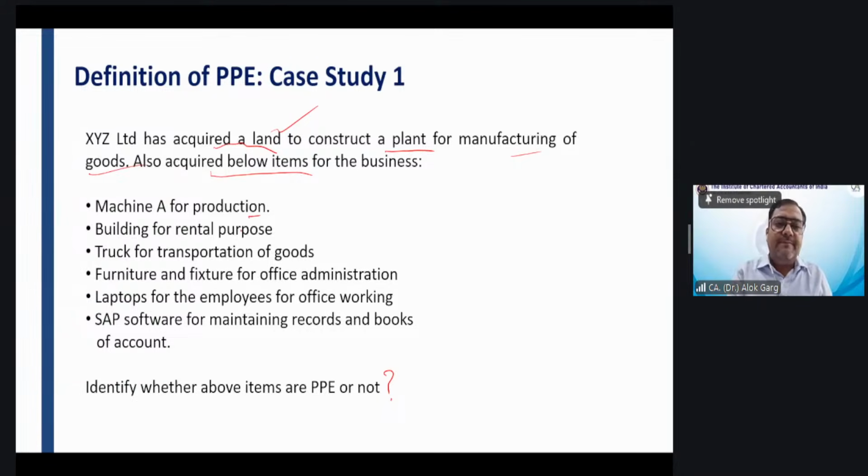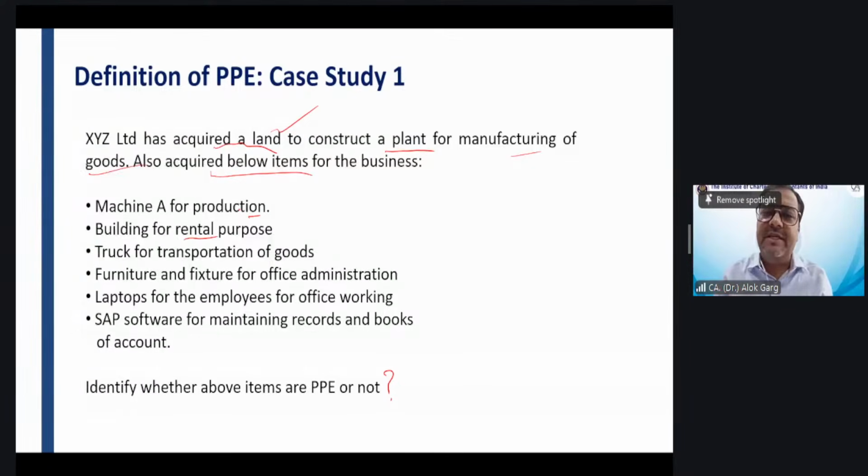What about building for rental purposes? Building is a tangible item held for rental. Life is more than 1 year. Yes, PP&E or not? Building is an investment property. Building is covered under Ind AS 40. Okay, investment property if it is held for rental purposes.